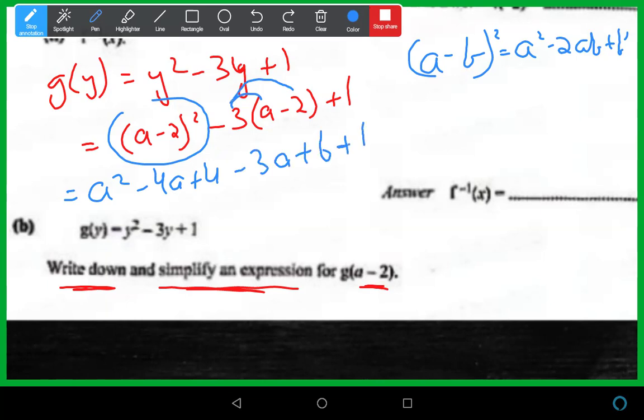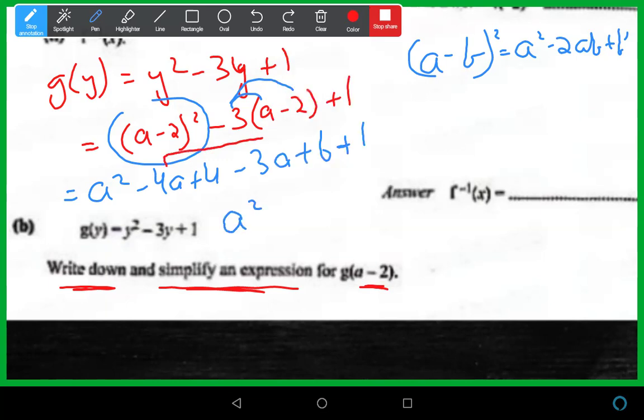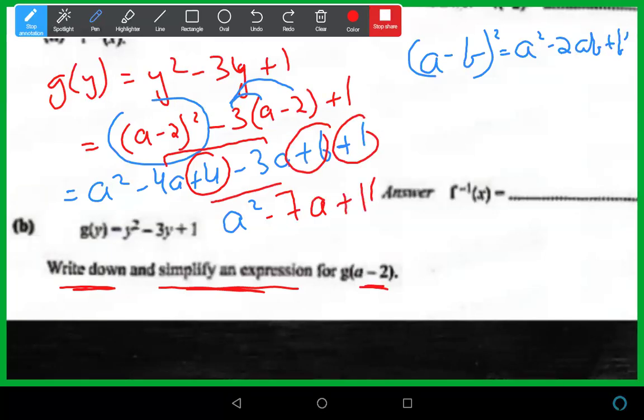So a square minus 4a and minus 3a become minus 7a, plus 4 plus 6 and plus 1 become plus 11. So this will be the simplified form of this equation because we have to simplify the expression as well. So a square minus 7a plus 11 is the final answer.